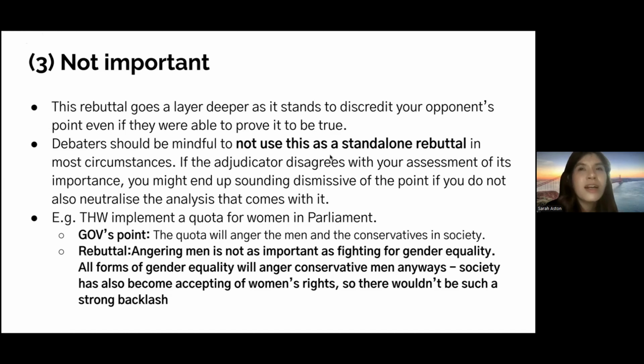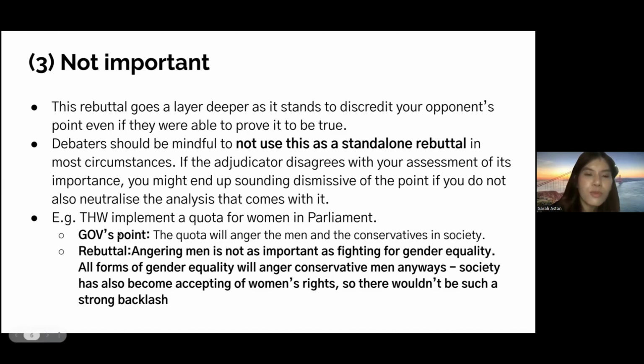For example, a lot of teams fall into the trap of just saying, judge, this is not important, without giving a good expansion of the rebuttal, and that's why they skip. That's very hard for a lot of judges to understand why it's not important, especially if you don't tell them why it's not important.